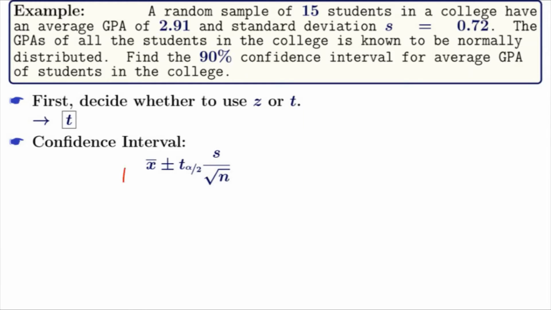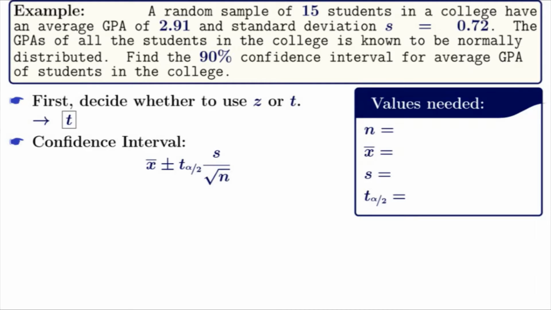Now, we have this formula here for confidence interval. So, looking at this, we know we need these values. Our N here is 15. Our X bar is 2.91. Our S is 0.72.